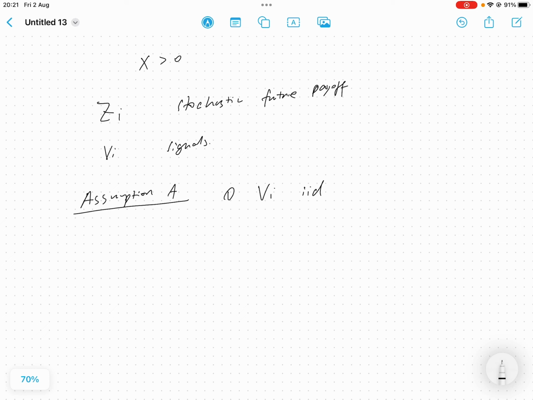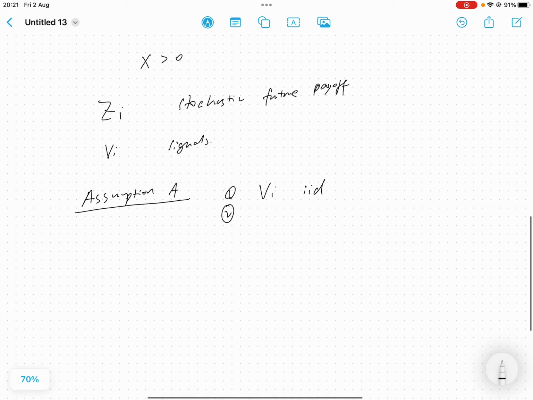Secondly, conditional on Vi, the payoff Zi has some density, some distribution, and we use H to denote that, H of Z conditional on Vi, with support from 0 to infinity.